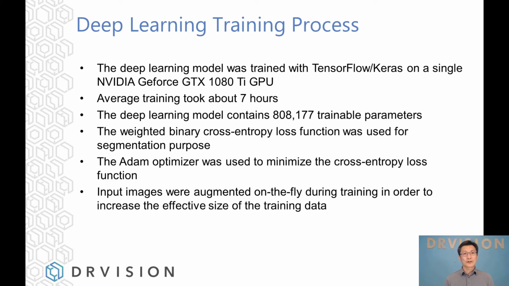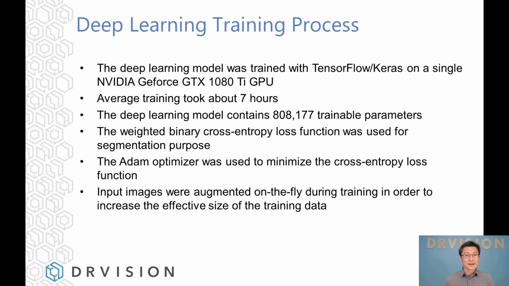The average training time is about 7 hours, and the deep learning model contains about 800,000 trainable parameters. The weighted binary cross entropy loss function was used for the segmentation purpose, and the Adam optimizer was used to minimize the cross entropy loss function.